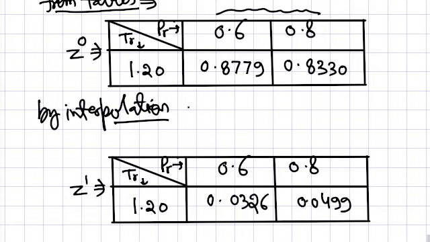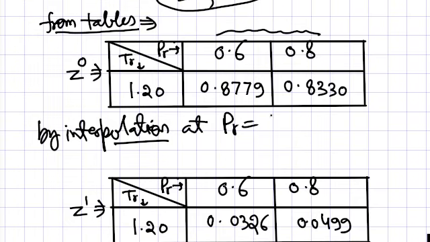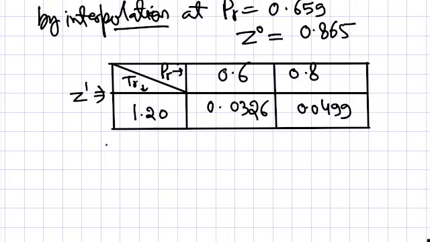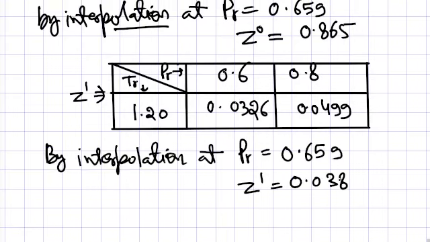By interpolation, at Pr equal to 0.659, you will get Z0 equal to 0.865, and here if you interpolate you will find this value. So this value is somewhere here, between these.